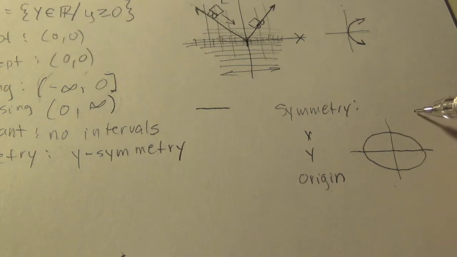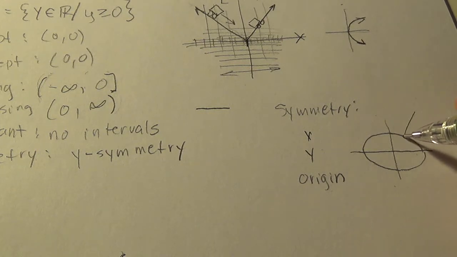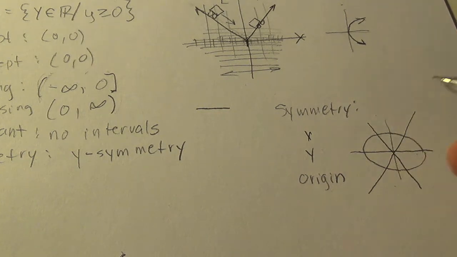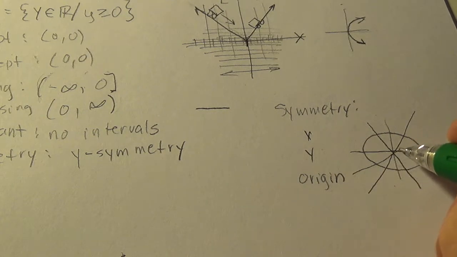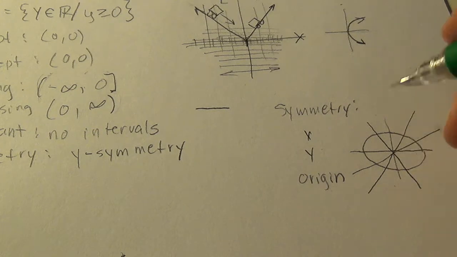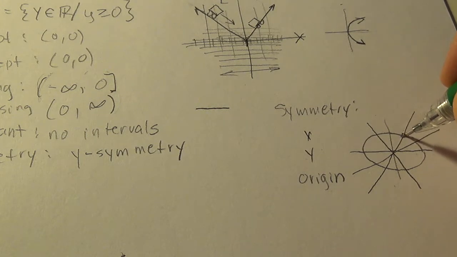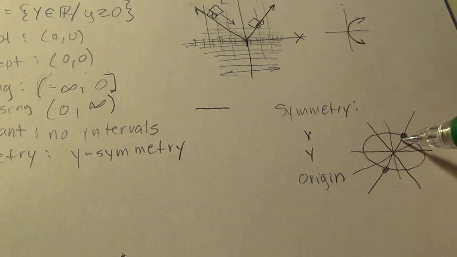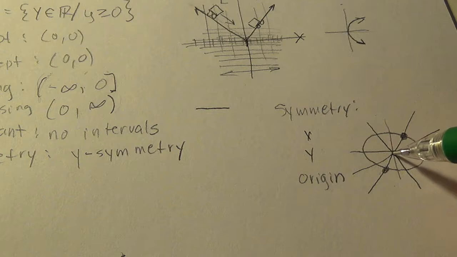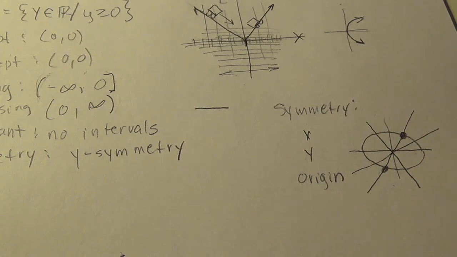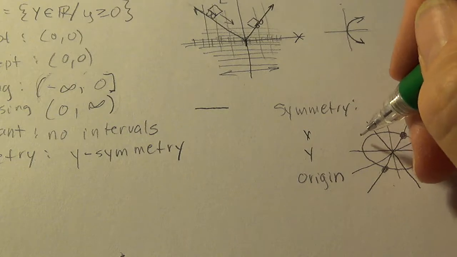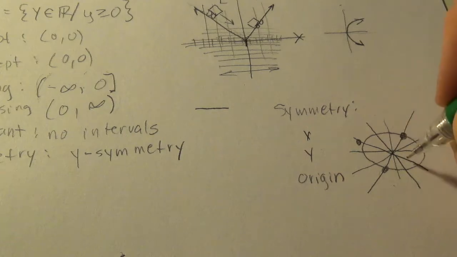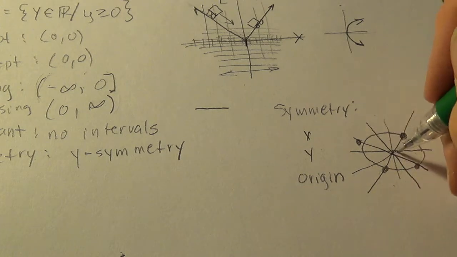And if you can put a straight line through the center of the figure, and we're going to say put in an infinite number, like our brains can do, and for each line, the intersection points on the figure, so this line intersects the figure here and here, if these 2 points are equidistant from the center, in this case the origin, and that's true for any straight line I draw, this one is the same distance from the origin as this one.